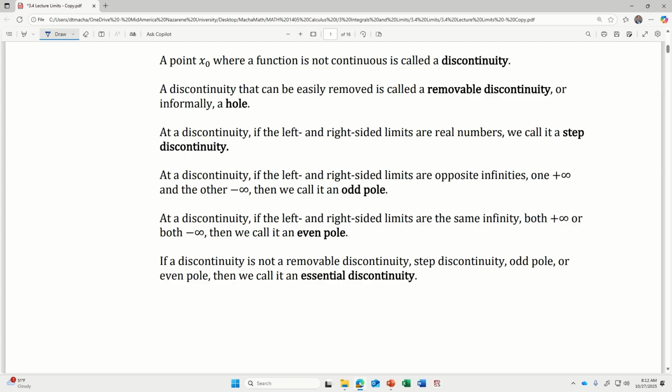Like, if my function just has a hole in the function, and otherwise it would look continuous, except for the hole, you could just plug the hole, and then you'd have a continuous function.